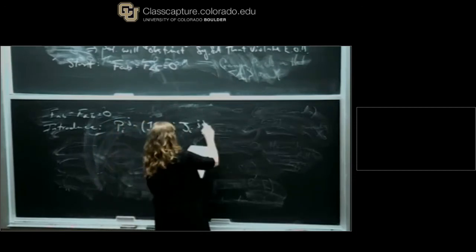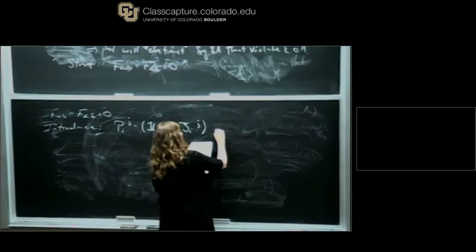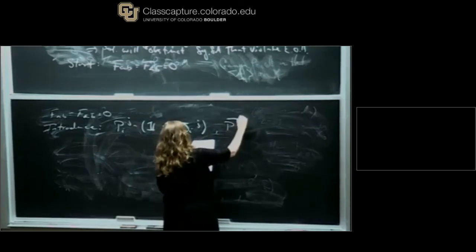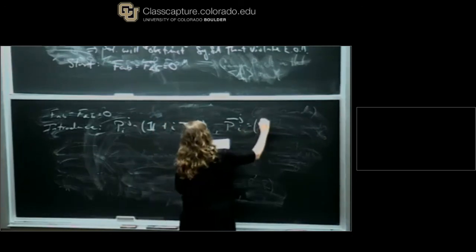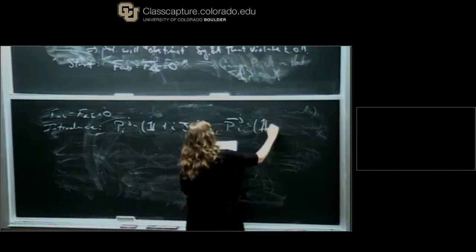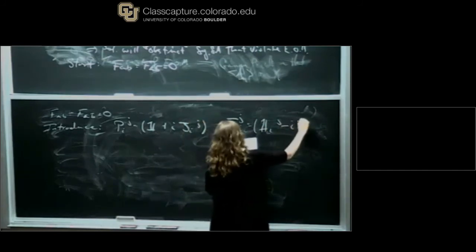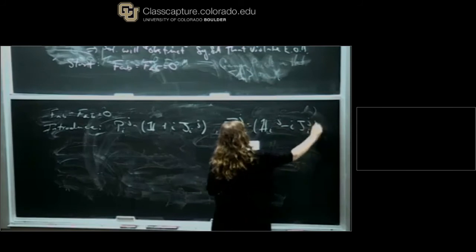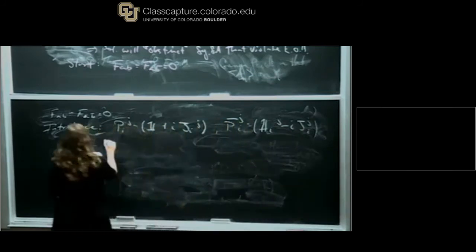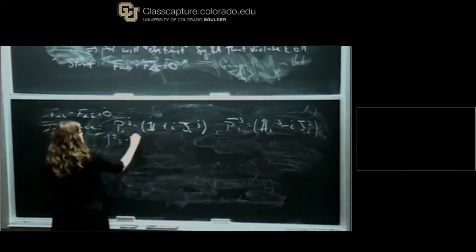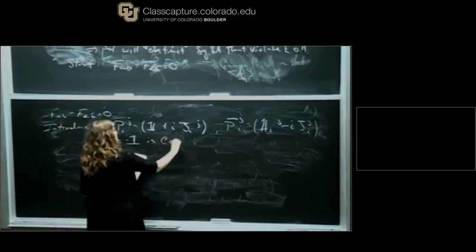This is the complex structure tensor that squares to -1. And its conjugate, P bar^i_j, which is identity minus i J^i_j, where again, J squared is -1 is the complex structure.